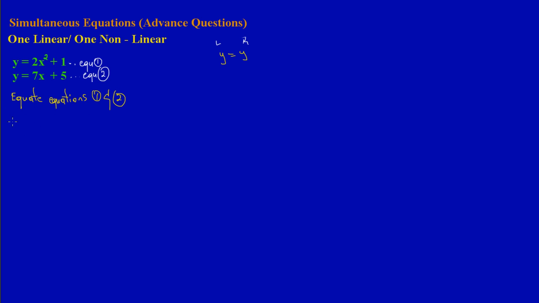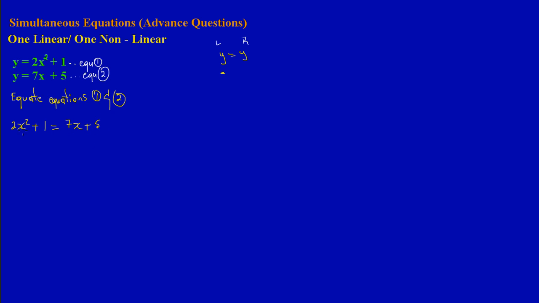I'm just going to take what is y in the first equation, 2x squared plus 1, and say that is equal to y in the second, which is 7x plus 5.